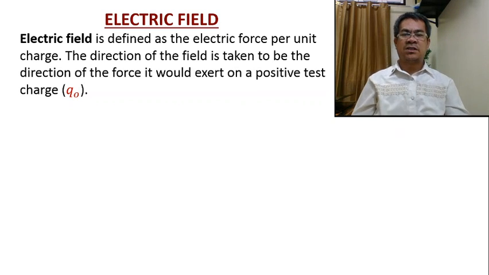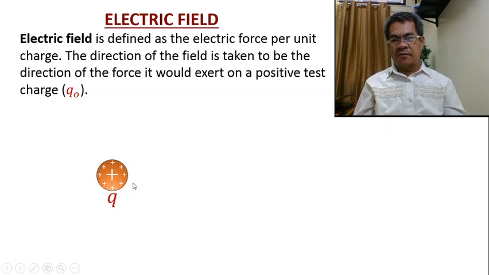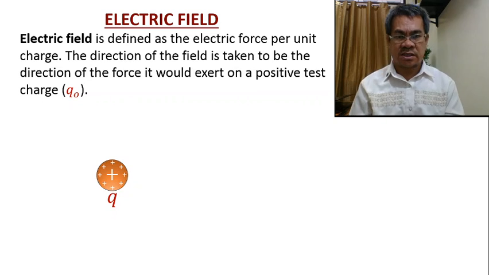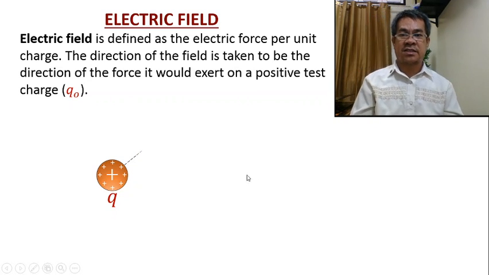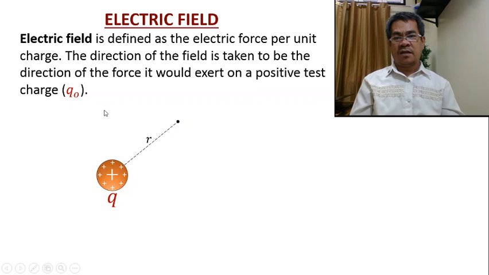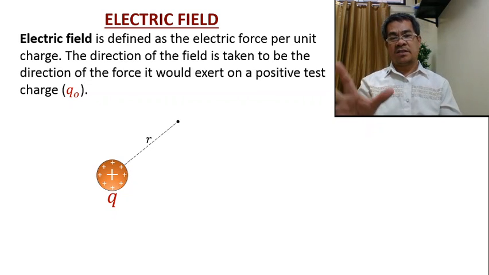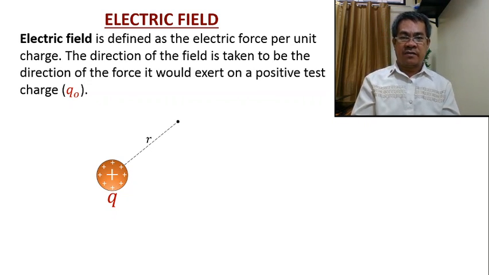Okay, now to understand, if we have this charge, and this is charged by Q, and this is positively charged, the question is, how much is the electric field at the distance r? That will be our task. Now, take note that this charge will provide a so-called charge distribution, and the charge distribution will provide the electric field lines.